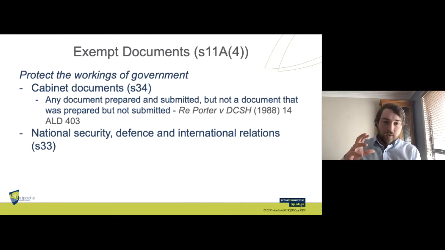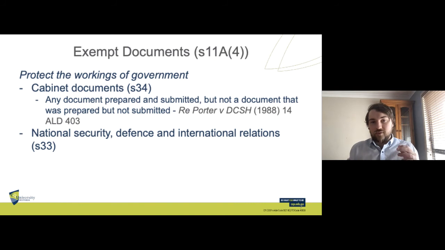So while the underlying reason for protecting or exempting cabinet documents from a freedom of information request is quite solid, there is scope and problems with its misuse.